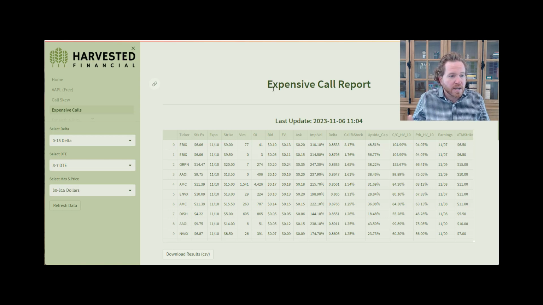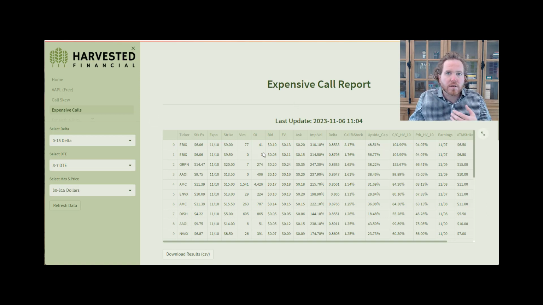Especially in wider markets, if even just looking at this top example in EBIX, if that's a dime at 20 cents wide, normally we'd say midpoint is fair value, but according to the curve here, 13 cents is closer to fair value. So don't expect to get executed at 15 or 16 cents if this is truly worth 13 cents.